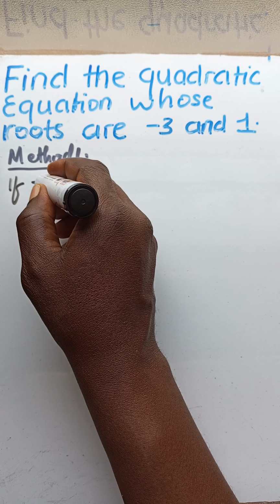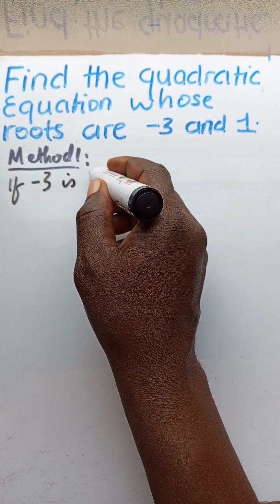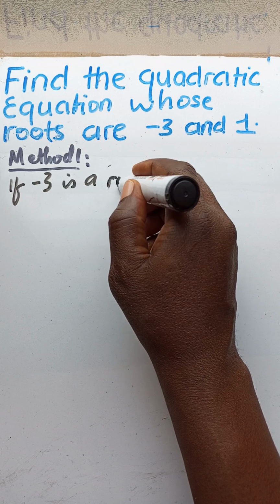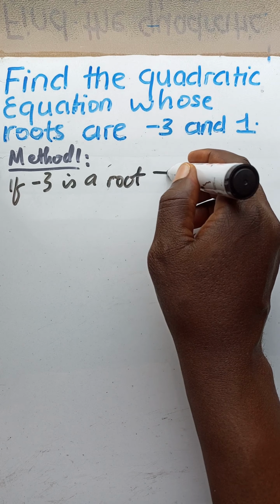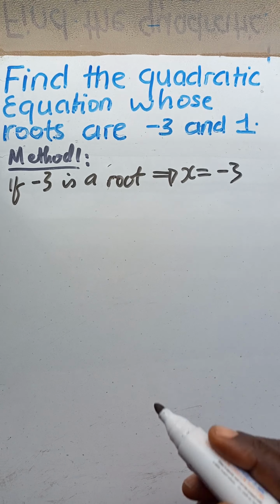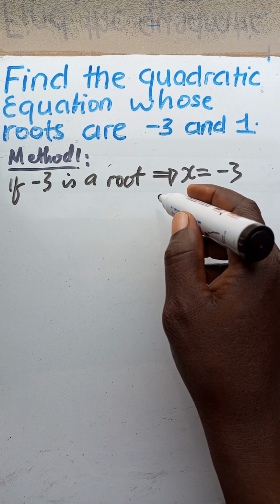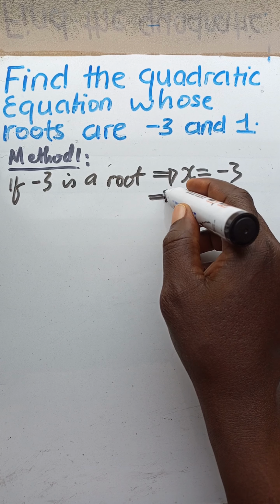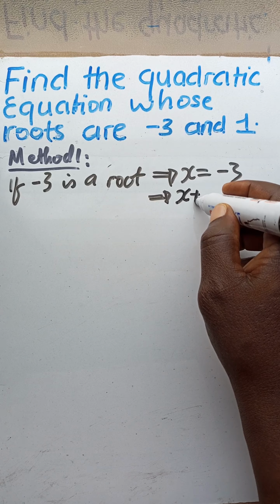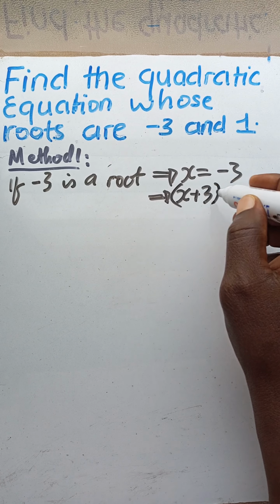Now, if -3 is a root, that means x equals -3. If x equals -3 is a root, we take the -3 from the right hand side to the left hand side, we obtain the required factor.